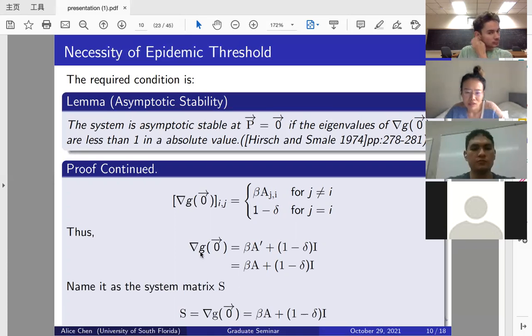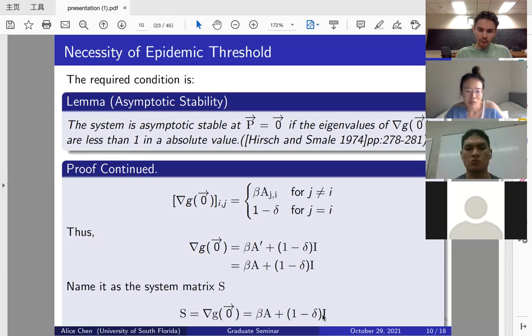And you can see that this is actually a matrix that describes the behavior of the infection. So we name it the system matrix S, and we denote S as equal to the right-hand side: beta A plus (1 minus delta) times the identity matrix.